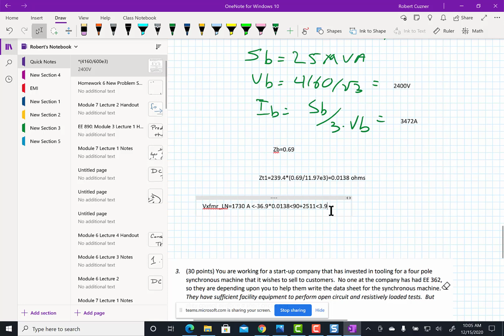Now the voltage drop across the transformer isn't a lot. It's 1730 times 0.0138. That's 23.87 volts.